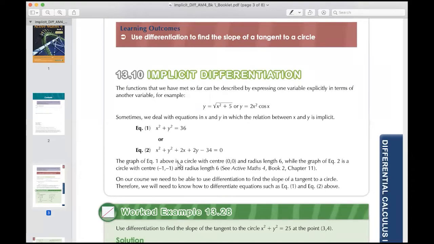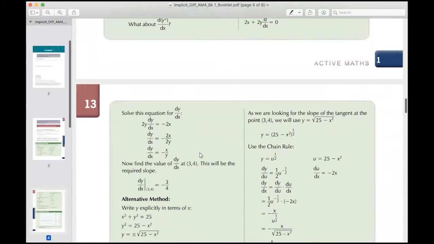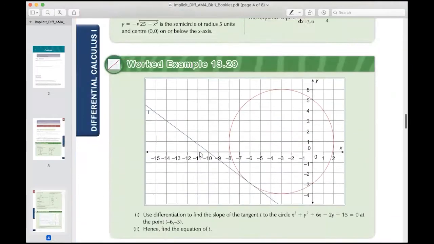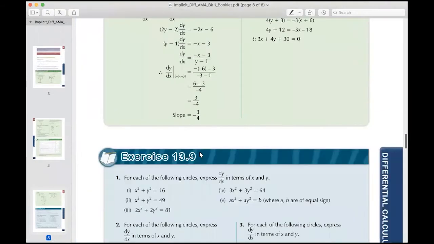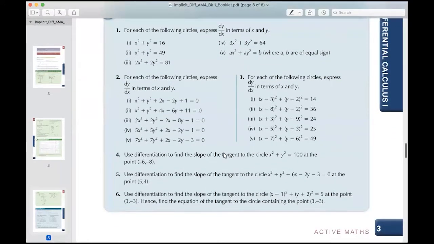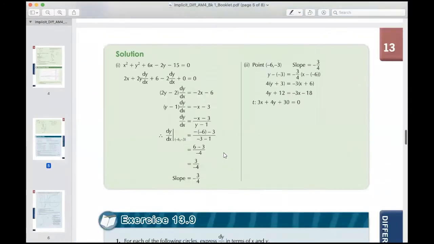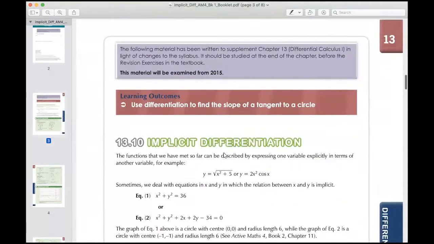Or you can differentiate it using a method called implicit differentiation, and it's really that I want to show you. The reason I want to show you is, if you get a question which has very high powers of x and y, especially y, for example y to the power of 5, then that's much harder to write in terms of y and then differentiate.